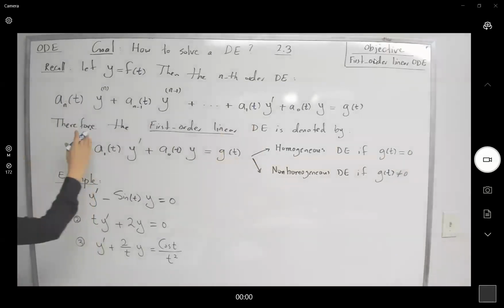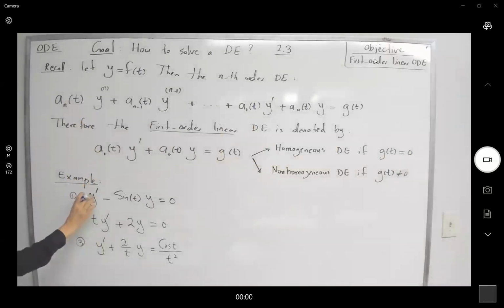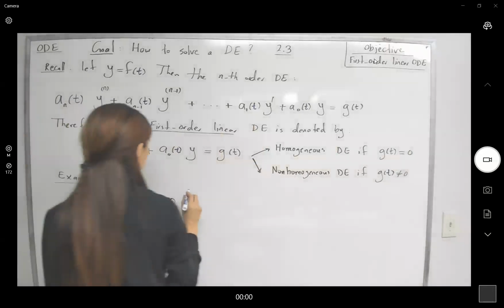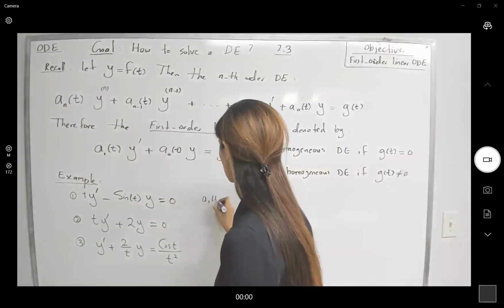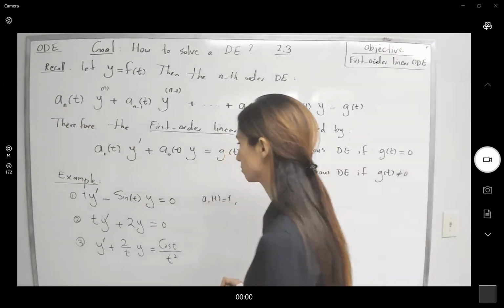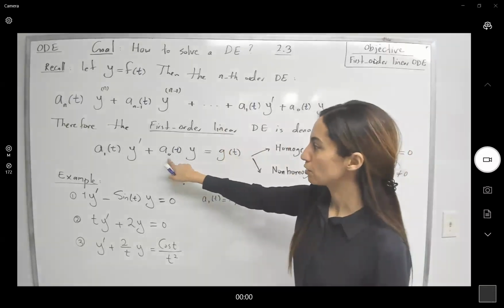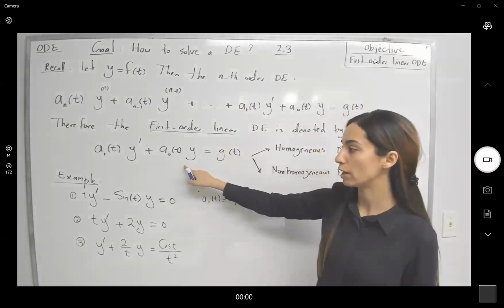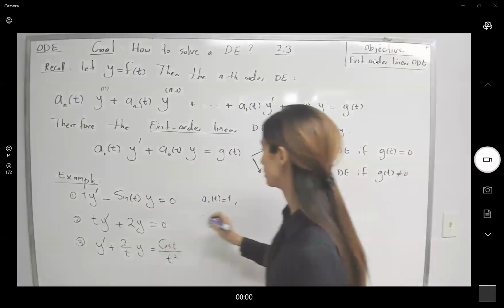So let us compare this. In the first equation, the coefficient of the first derivative is just 1. So a sub 1 of t is just 1. Then a sub 0 of t, the coefficient of y, is negative sine t.